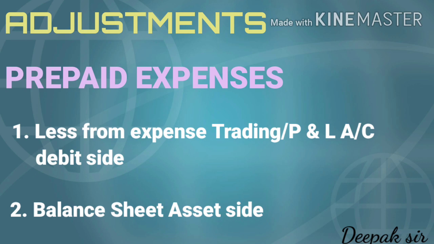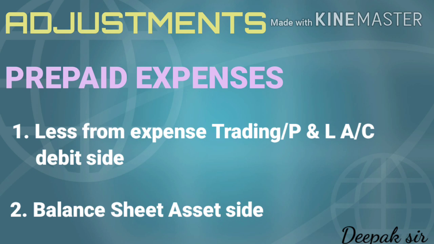So first adjustment we had seen closing stock. The first effect will come in trading account credit side. The second effect will come balance sheet asset side. Second adjustment we had seen was outstanding expenses. Outstanding expenses are payable, so our expenses will increase. We have to add to concerned expense, and second effect will come in balance sheet liability side.